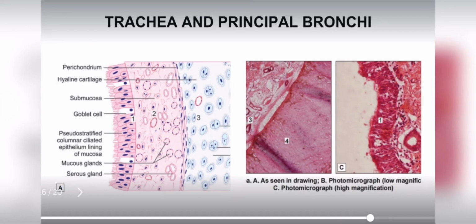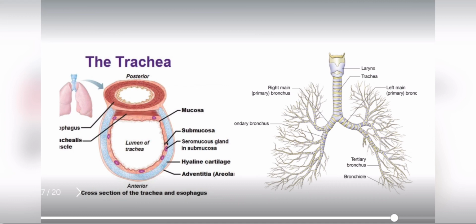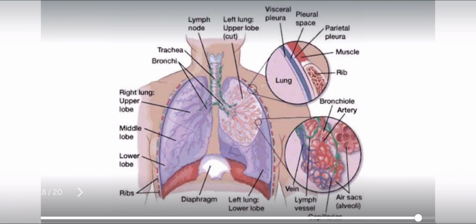Now let's talk about the respiratory part of our respiratory system, which includes the lungs. The lungs are in charge of supplying the body with fresh air. By contracting its muscles during inhalation, the diaphragm assists in pushing air into the lungs, relaxing forces air out.